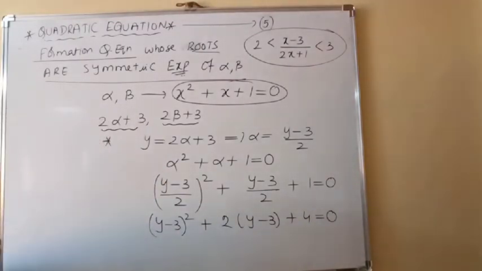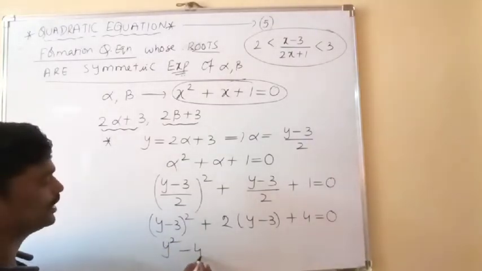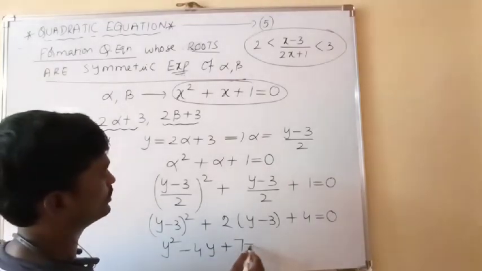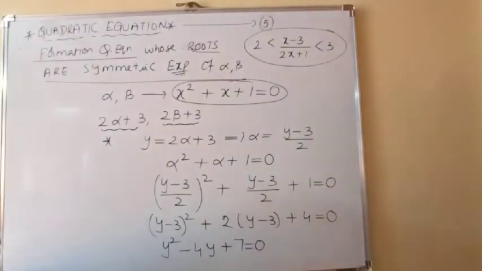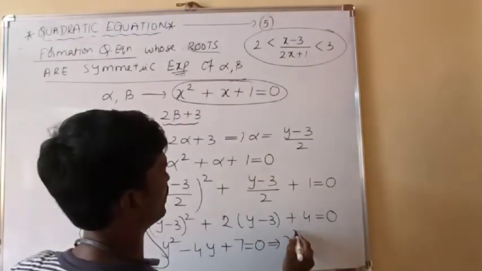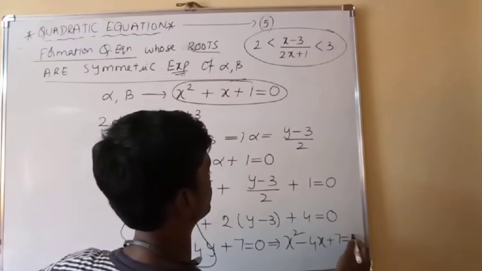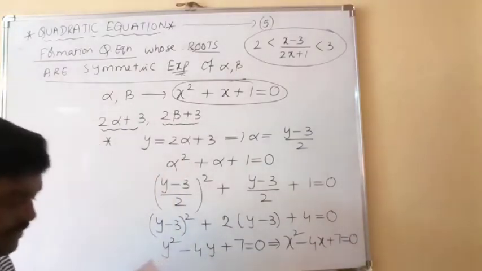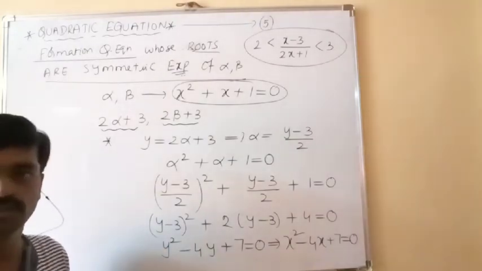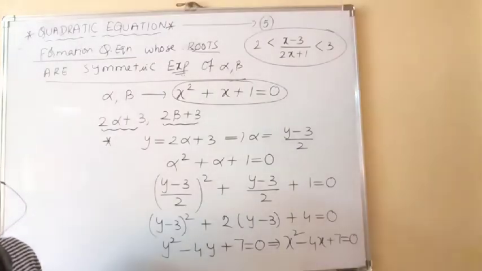So I am writing directly here y square minus 4y plus 7 is equal to 0. Now you replace y by x. What you will get? X square minus 4x plus 7 is equal to 0. So x square minus 4x plus 7 is equal to 0 is the equation whose roots are 2 alpha plus 3 and 2 beta plus 3.